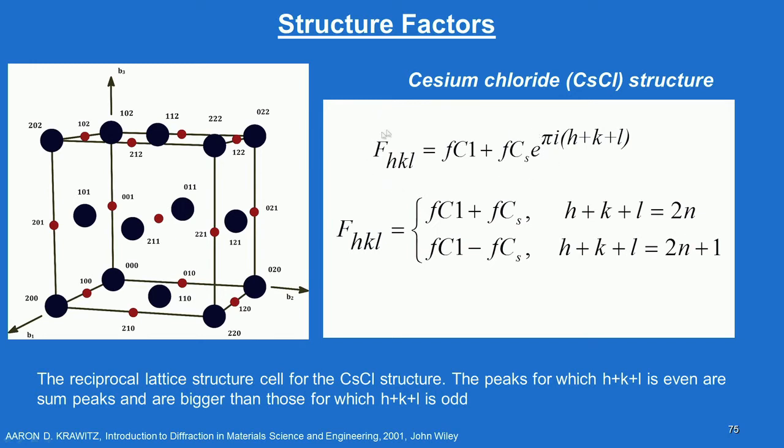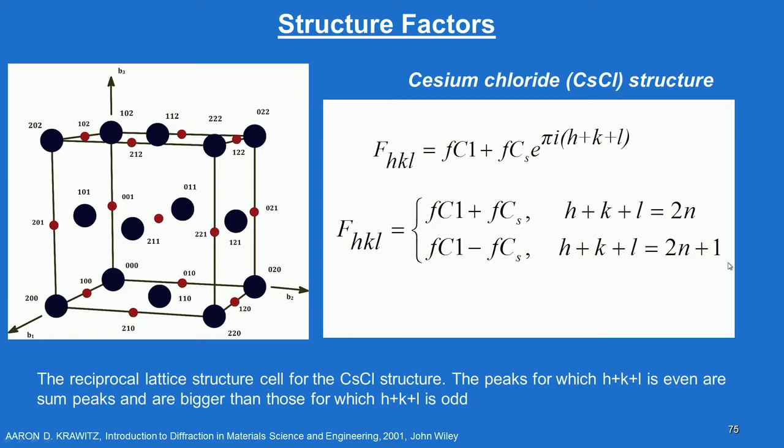But you can write the expression in terms of the structure factor equations like this, and the selection rule is, you see F(hkl) is equal to F(Cl) plus F(Cs), where h plus k plus l is equal to 2n, and F(Cl) minus F(Cs), where h plus k plus l is equal to 2n plus 1.